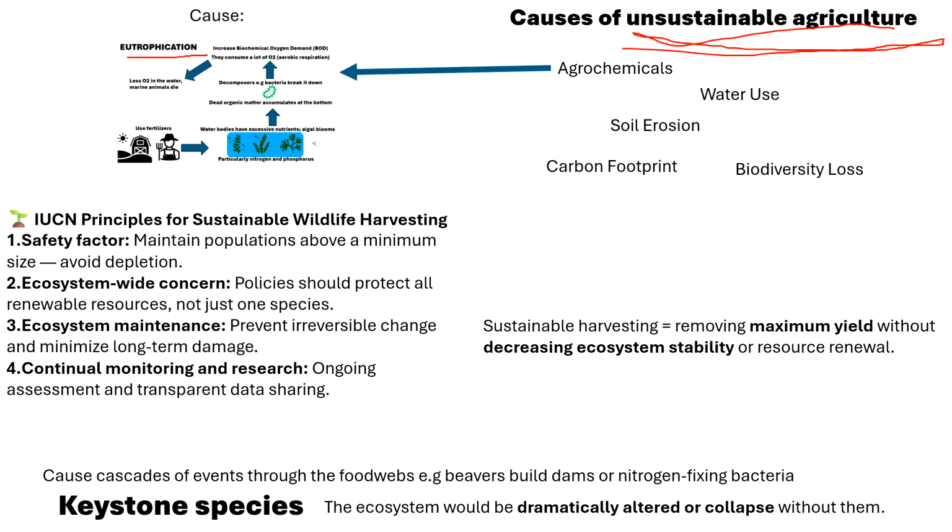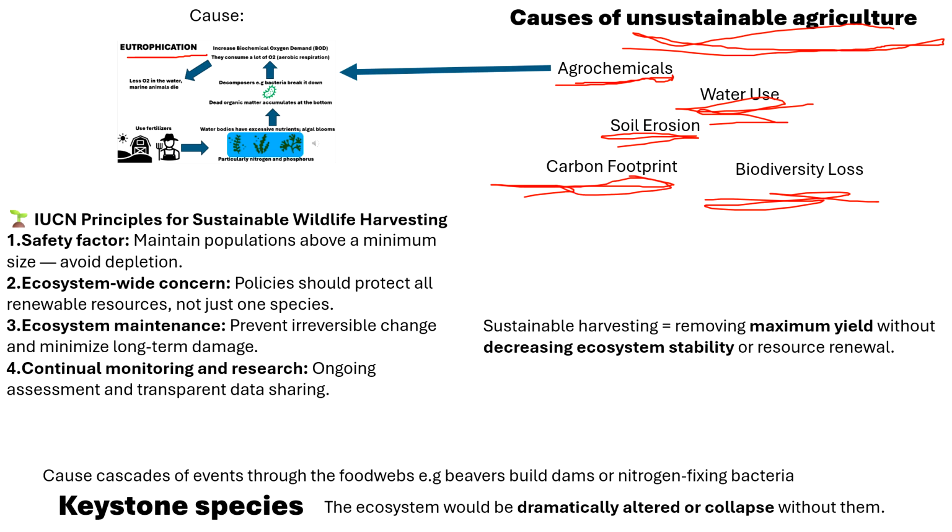So it's generally caused by agrochemicals, fertilizers, pesticides, overuse of water to grow the crops, soil erosion, stealing a lot of nutrients, occupying a lot of space, so biodiversity loss, and carbon footprint, from the animals farting and releasing methane.